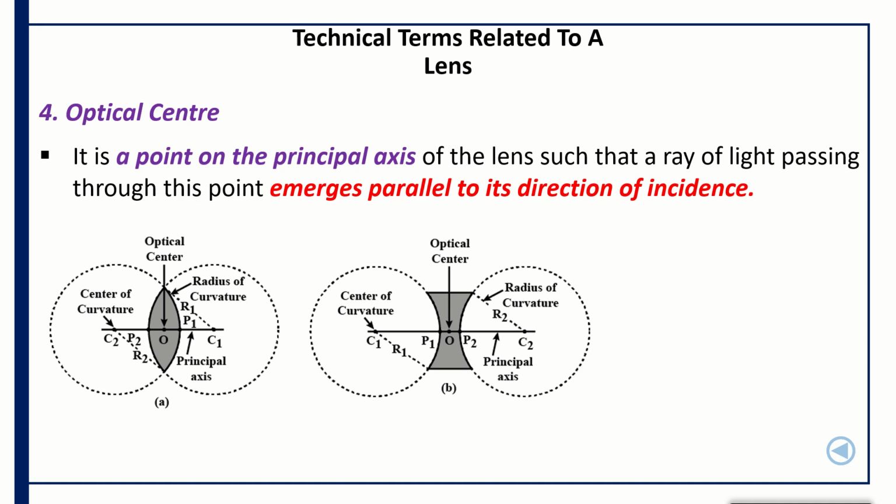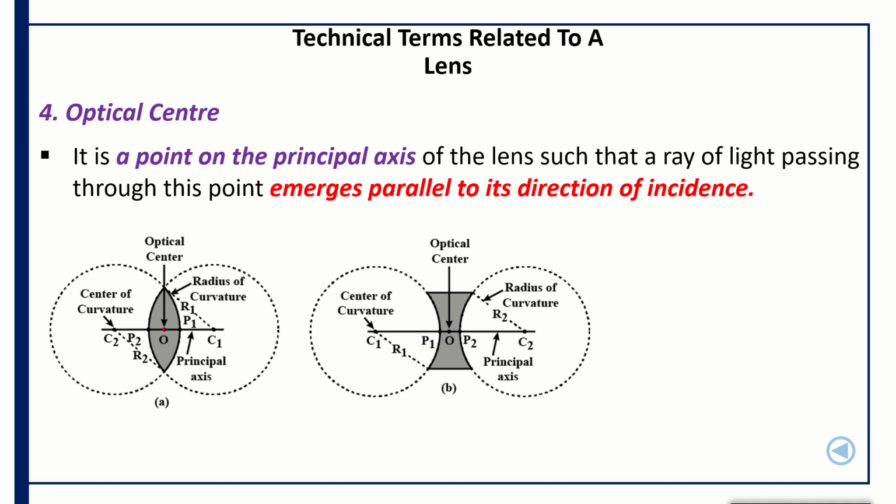So whenever light passes through the optical center, it goes undeviated, or emerges parallel to its direction of incidence. Such a point on the principal axis is known as the optical center of that lens.